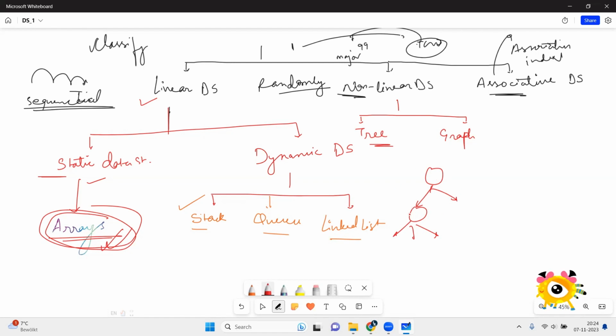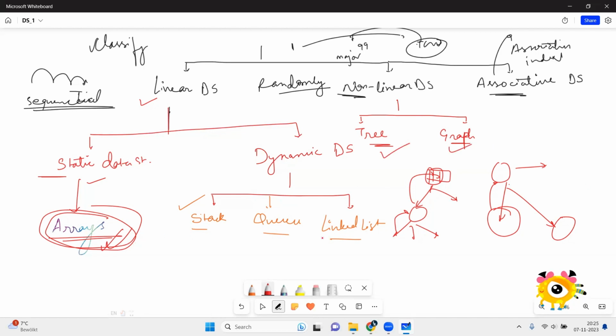Trees have a very different way of accessing and storing the data inside them. Similarly, the graph has nodes and edges, and you can connect each node to the others. There is a way of accessing that data. There is a whole field about graph theory. And these two are highly used in our day-to-day life.